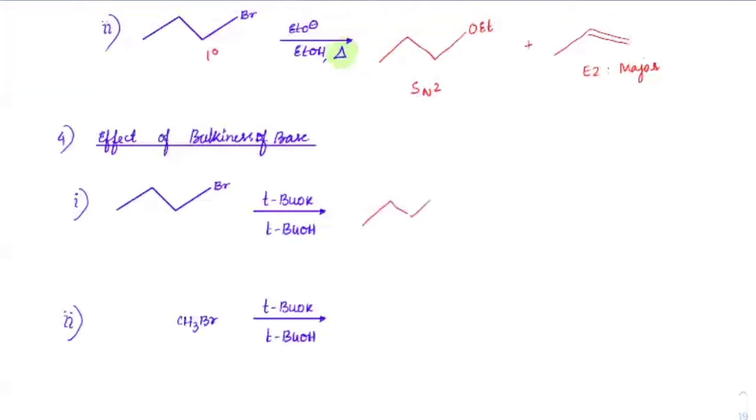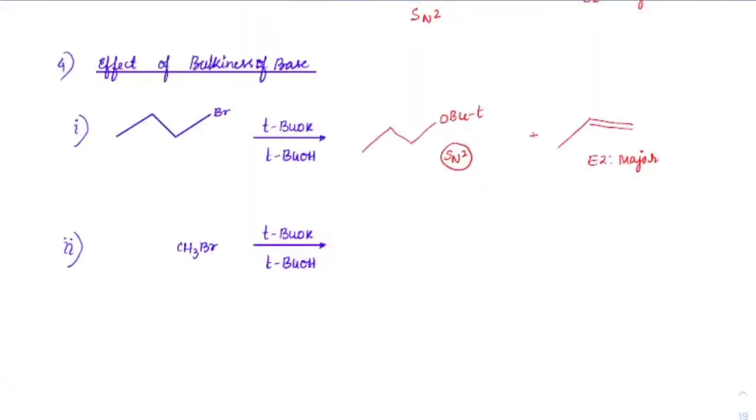So we are expecting tert-OBu here, but this is by SN2 mechanism, which will hardly be found, and E2 will be the major product. I don't remember the exact percentage, but yes, E2 is still the major product in this case.